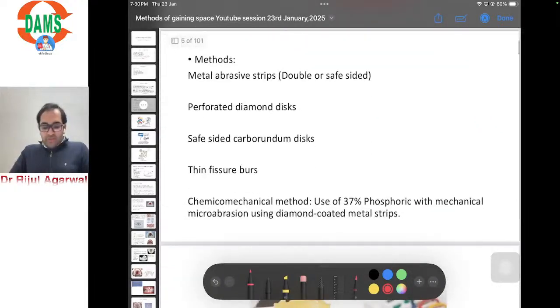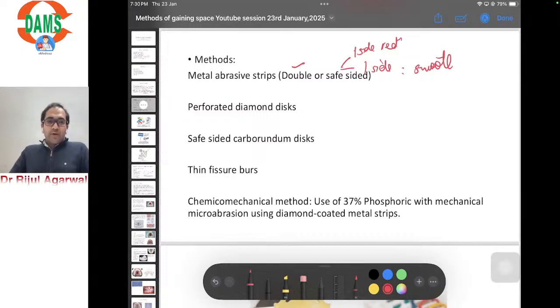So what are the different ways in which we can do this? First, the least invasive method is the use of metal abrasive strips. They can be double or safe sided. Double sided means both sides can be used for reduction. Safe sided is one side for reduction, and the other side is smooth. So when we move it to and fro through the contact point, only one side of enamel will get reduced.